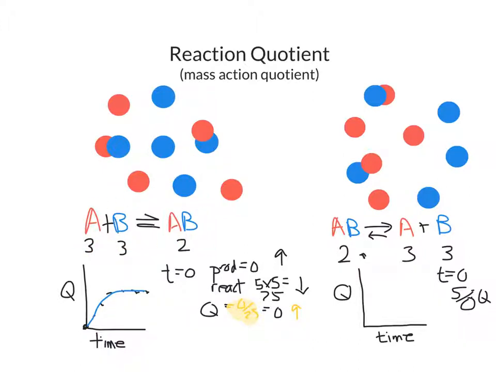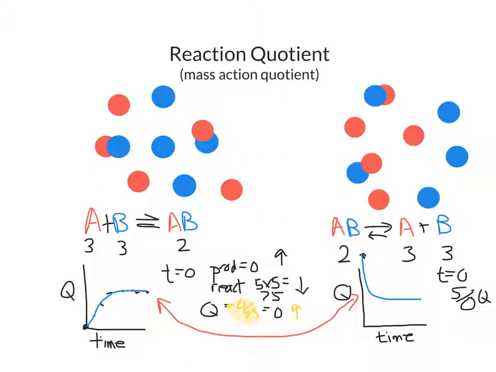And then we lose AB and gain A and B, so the numerator goes down, the denominator goes up, and so Q begins to decrease. And so we see a decrease in Q until we reach a constant equilibrium value. What will be true is that the equilibrium value that I reach in this case, starting with all reactants, will be equal to the equilibrium value that I reach in the case where I started with all products.